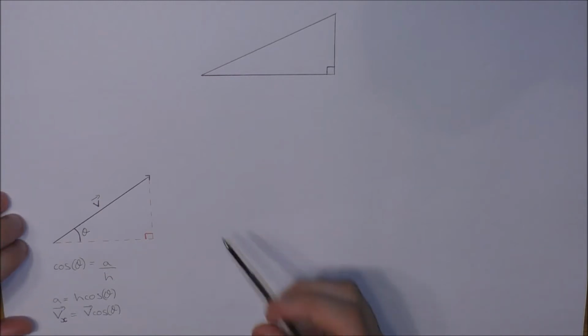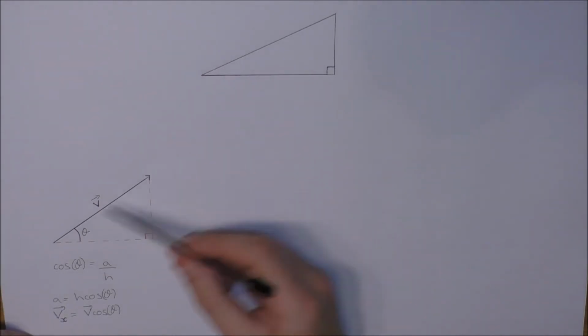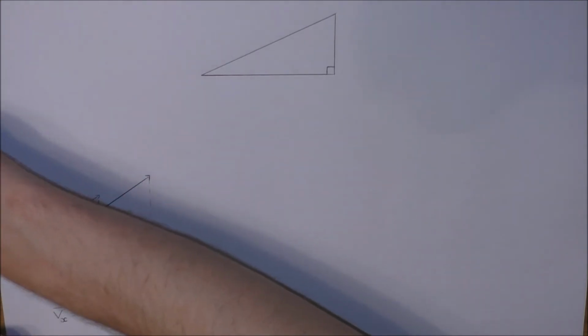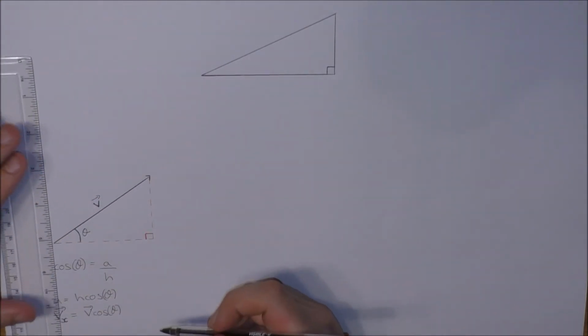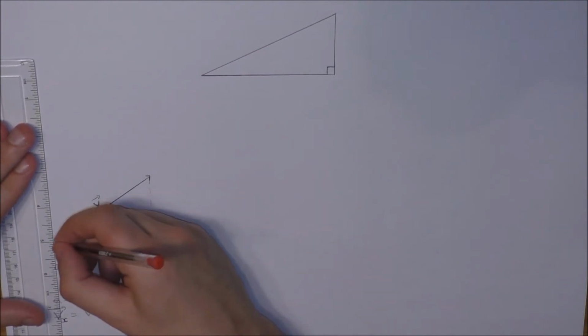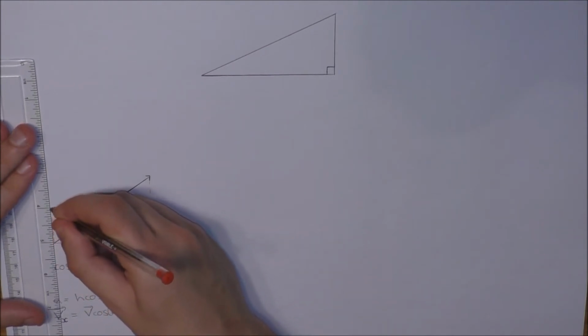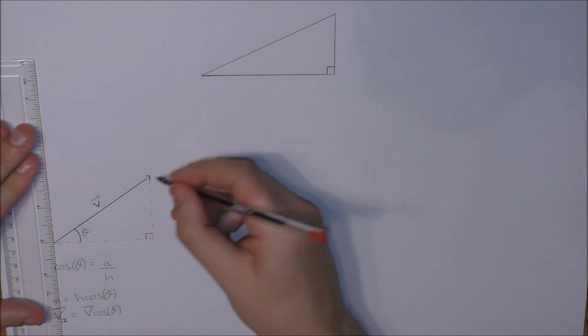Okay. I also want to have a look at how much of this is going up in the vertical direction. So I want to see how quickly it's gaining height away from the ground.